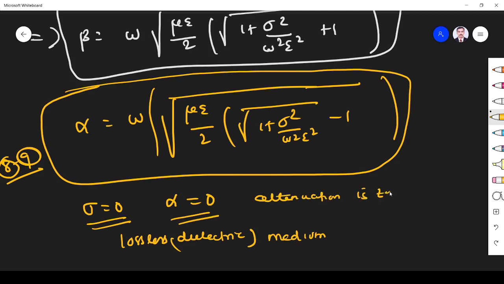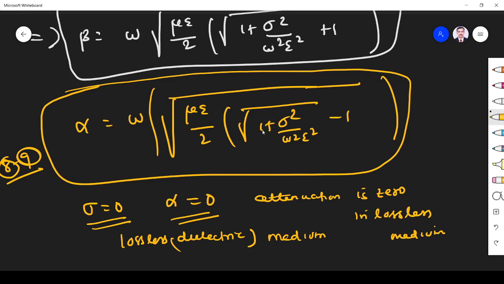That means what? Attenuation means a reduction in amplitude. So when your wave propagates through a lossless medium, it will propagate without any attenuation. So attenuation is 0 in lossless medium. That's why it is called lossless medium. Whereas in lossy dielectric, when the wave is propagated, it gets reduced in power, right?